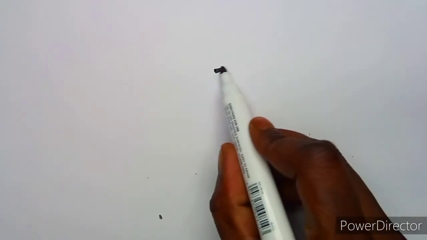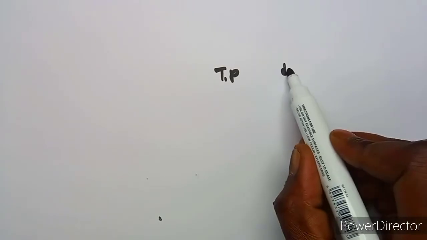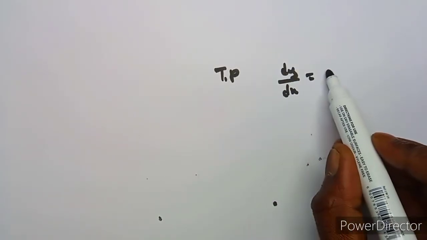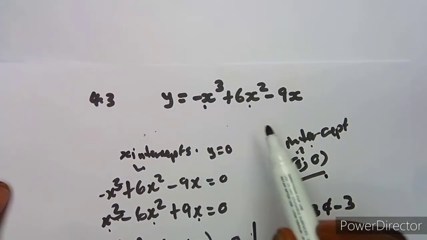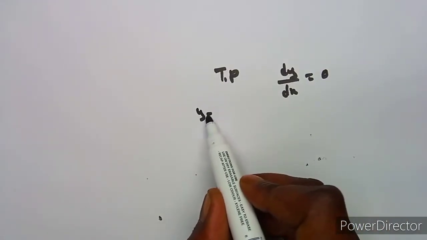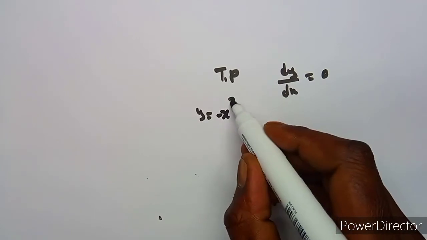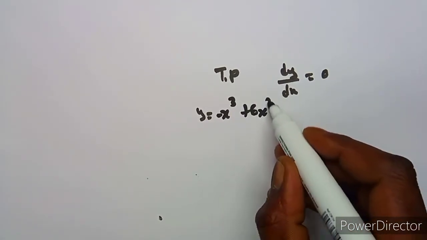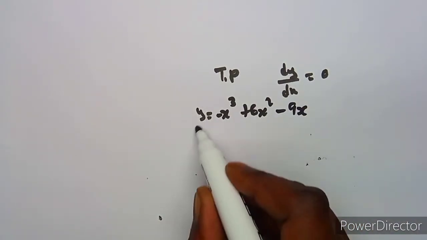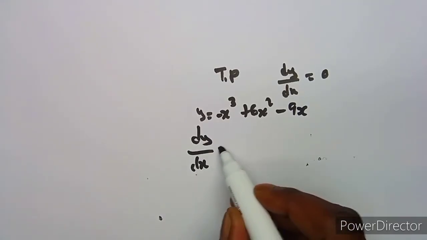Okay, what are the things that we need whenever we are sketching a graph? We need the turning points. And we know that the turning points come from the derivative, where dy/dx should be equal to 0. From y is equal to minus x to the power of 3 plus 6x squared minus 9x, what is going to be our dy/dx?